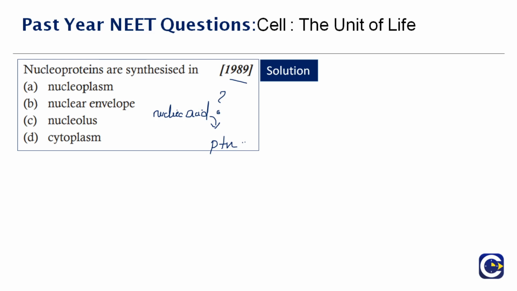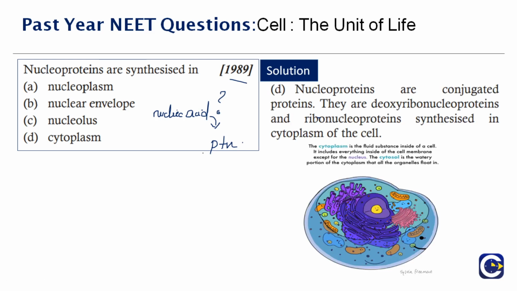They are conjugated proteins, actually deoxyribonucleoproteins and ribonucleoproteins. So, where will they be synthesized? It is obviously not in the nuclear envelope, nucleolus or nucleoplasm. The correct answer is cytoplasm of the cell.